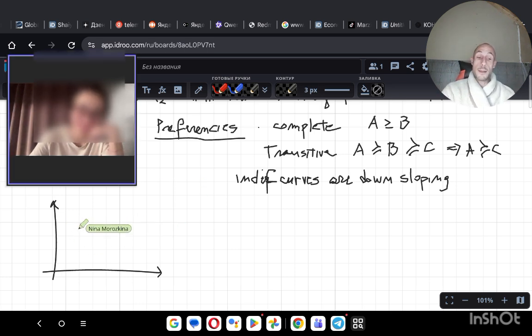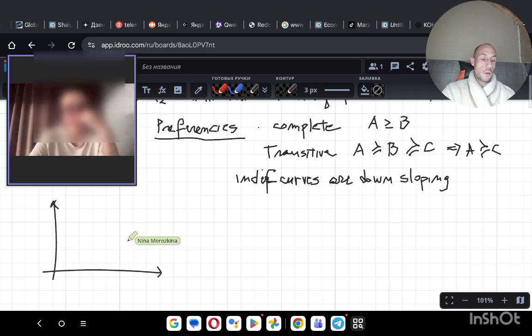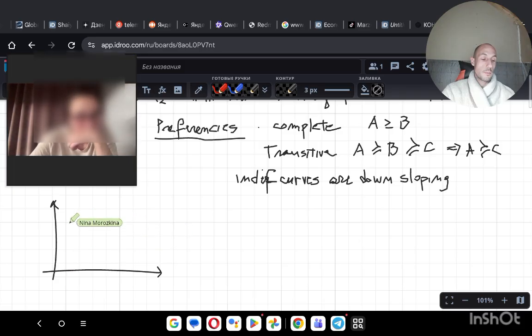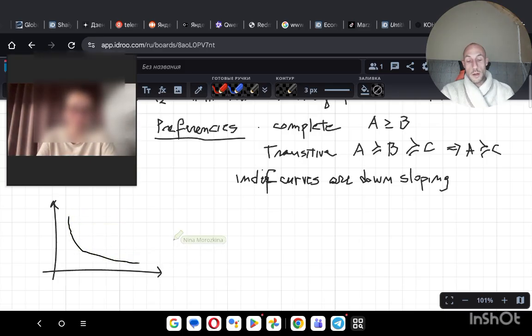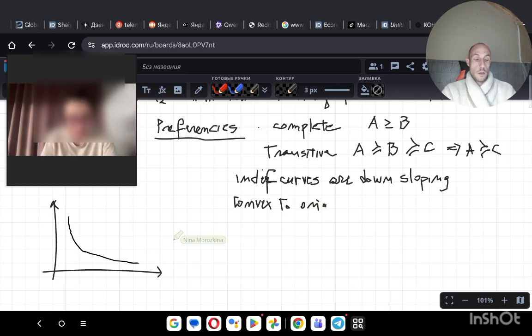And this has a meaning. Consumers prefer variety. What does that mean? This position here is better than this one. Okay. So they prefer variety to extremes.